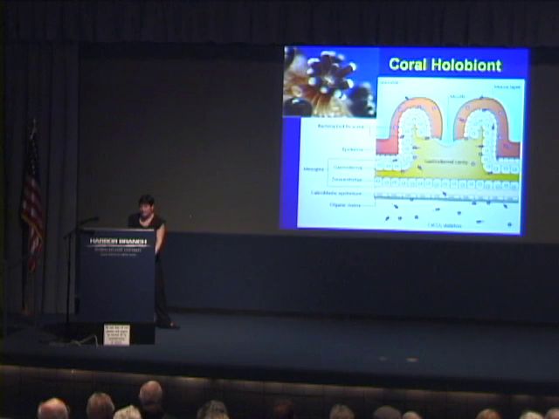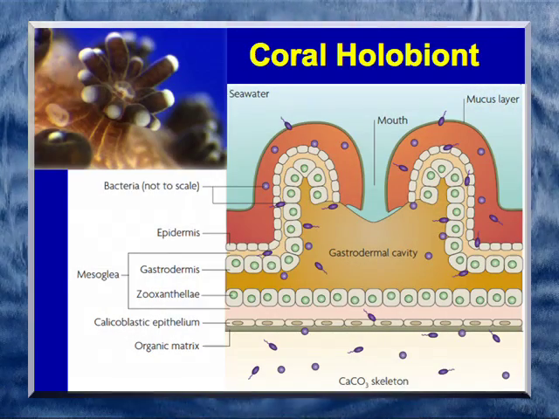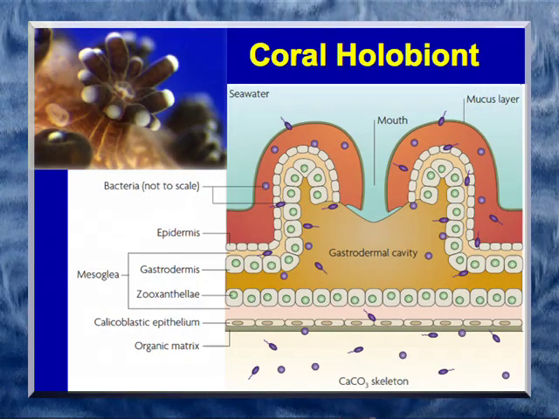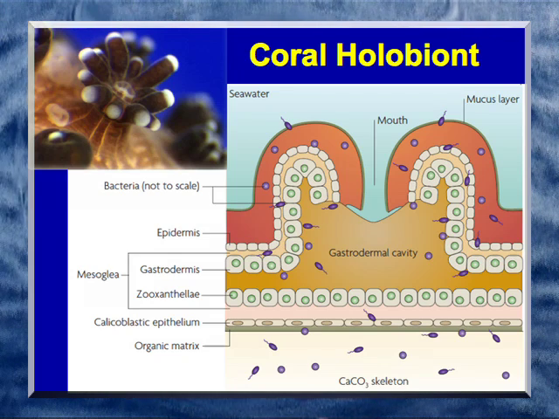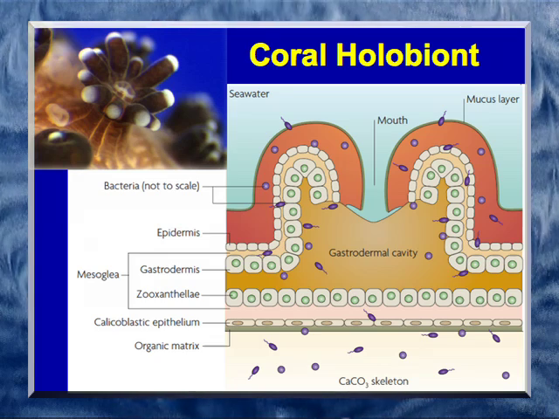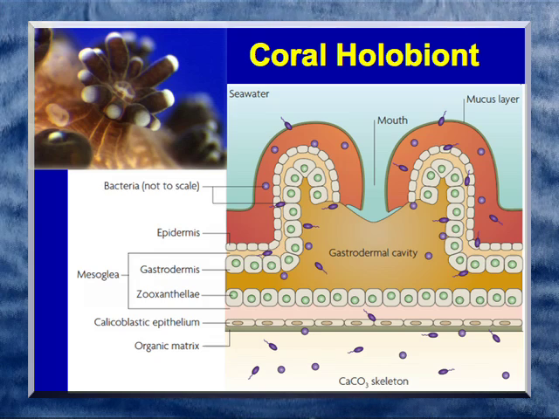Okay, so what do I mean when I say coral holobiont? Well, you know that there's the coral host and the zooxanthellae that live within the host tissue. But also important are all the little bacteria that are spread throughout the mucus layer.